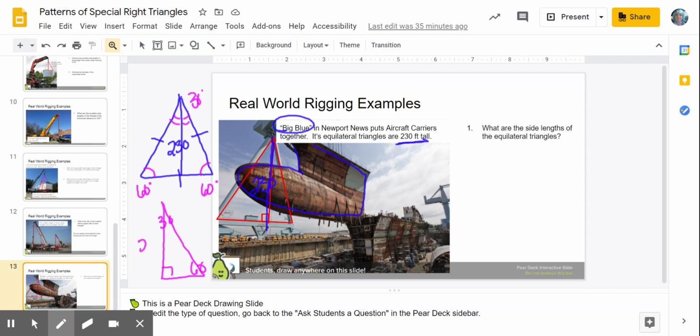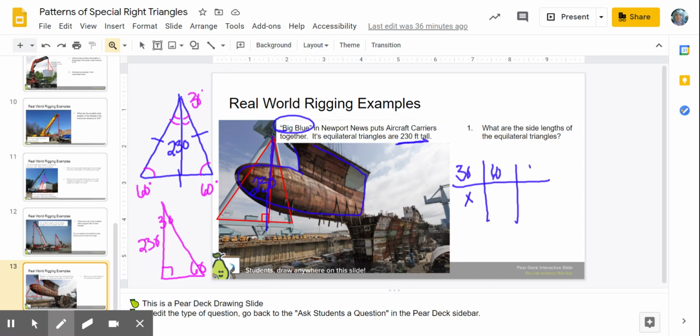And I know this side opposite the 60 is 230. Which side is x, which side is 2x, and which side is x times the square root of 3? Which side is the smallest? The bottom. So opposite the 30 is the x.